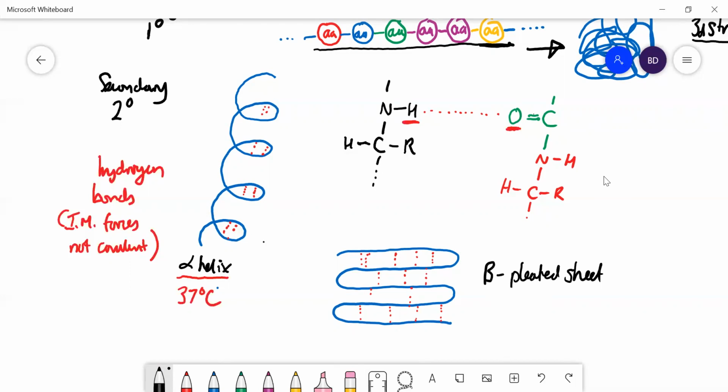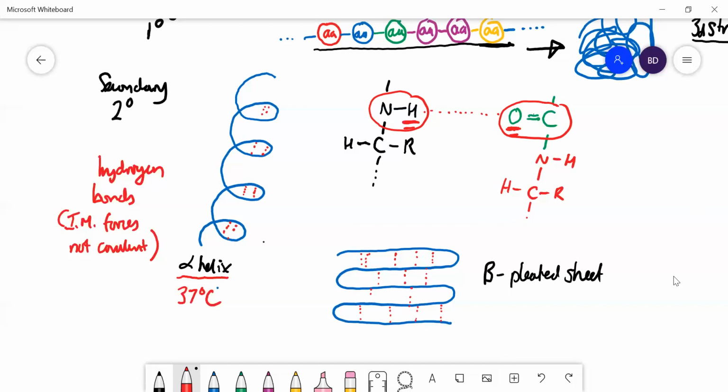Again, it's the attraction between the hydrogen on the nitrogen atom and the oxygen on another amino acid. Incidentally, in the alpha helix, these hydrogen bonds are from the nitrogen on one amino acid residue in the protein, and the carbonyl group's oxygen, 4 amino acids down in the chain. So every 4 amino acids is a hydrogen bond.